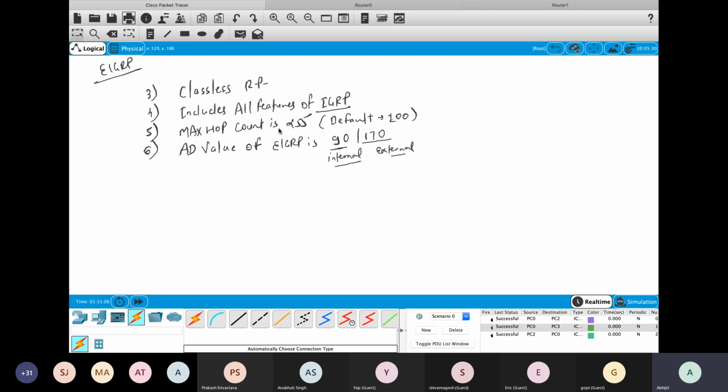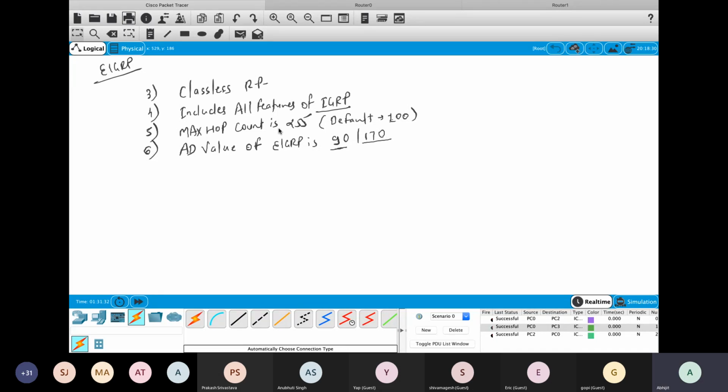EIGRP has a different administrative distance value for them. But that's none of our concern as of now, because we're still about to understand how EIGRP works. So just note this down: EIGRP has two AD values, or administrative distance values. One is 90 and the other one is 170.